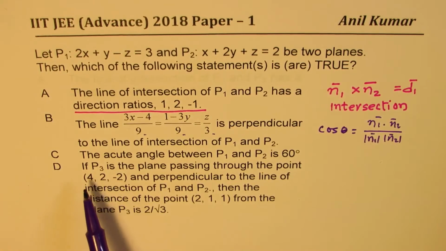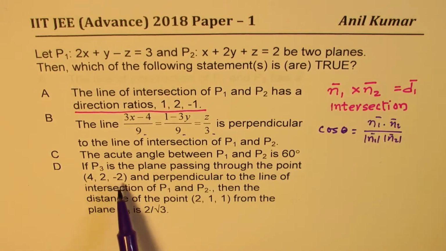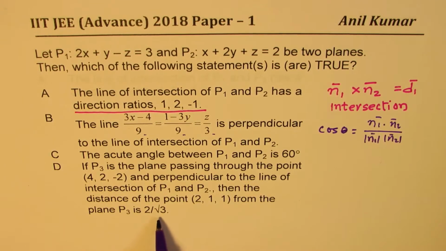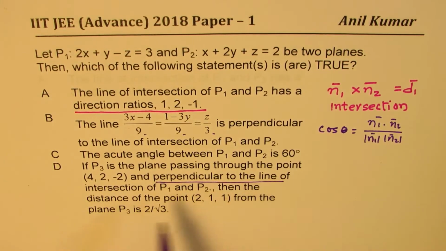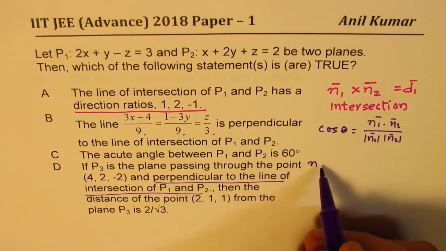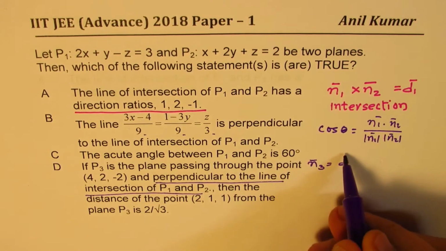And D is, if P3 is a plane passing through the point 4, 2, minus 2 and perpendicular to the line of intersection of these, then what is the distance of this point from the plane P3? As soon as we say perpendicular to the line of intersection, that means its normal, let's call it n3, will be the direction of that line.